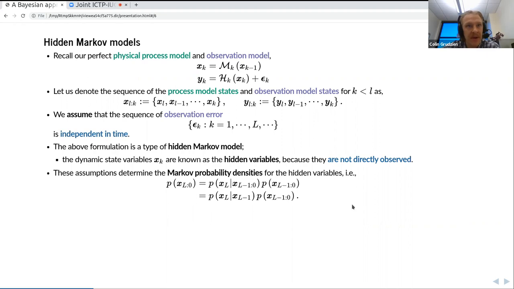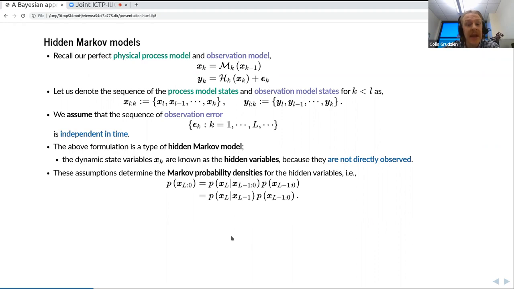But again, the Markov assumption, and in particular this perfect model assumption, guarantees this, because this really is now the deterministic setting for the model. That is to say, if we have knowledge of the state at the last time for that particular outcome, that completely determines the conditional probability for the state at the current time.